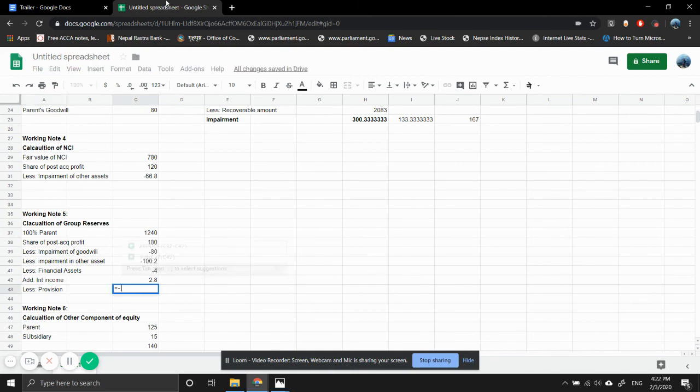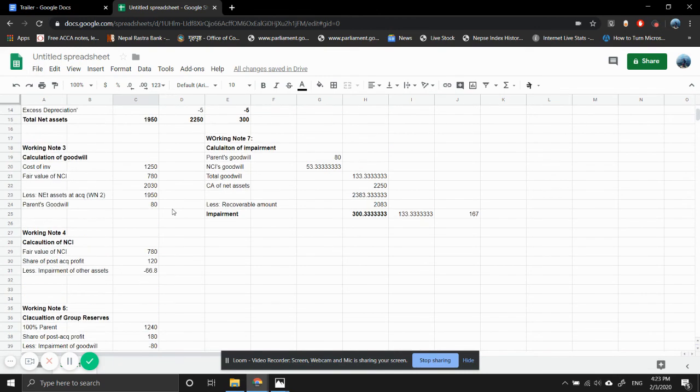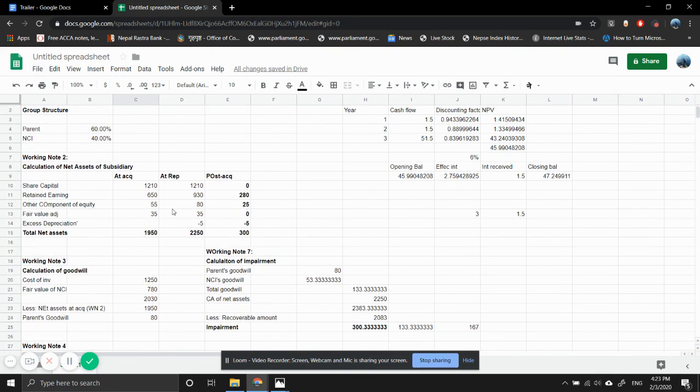Okay, so minus 14, right? So our total will be 122.4. So what we did is that we need to eliminate a few things. Sum of everything minus this, because that's not part of other component of equity.